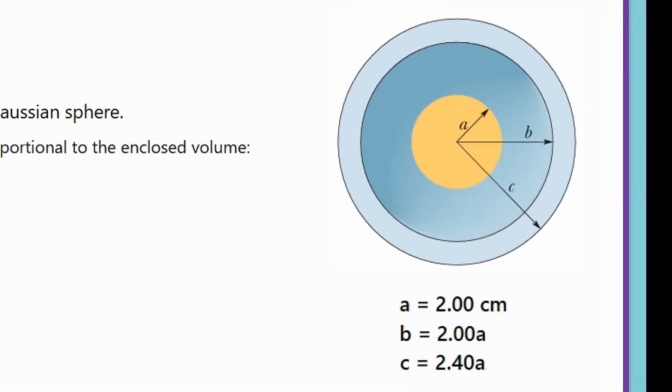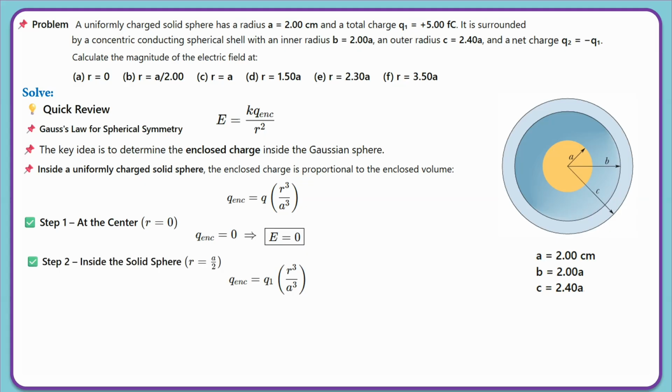Step 2. Calculate the field at R equals A over 2. This point is inside the uniformly charged sphere. So first calculate the enclosed charge using Q enclosed equals Q1 times R cubed divided by A cubed. Since R equals A over 2, the enclosed charge becomes Q1 divided by 8.